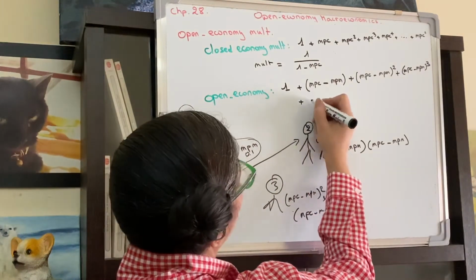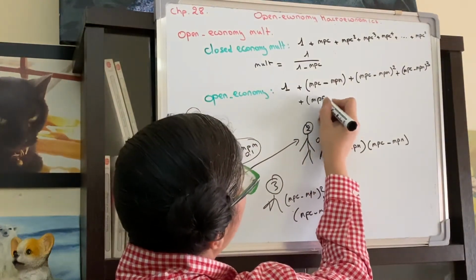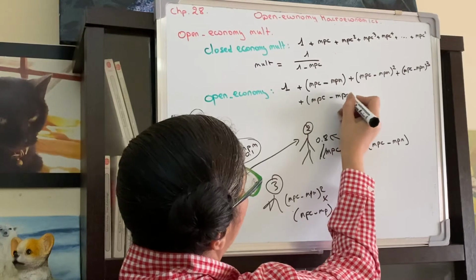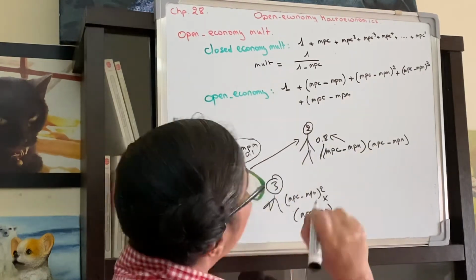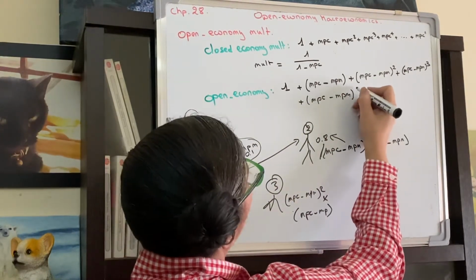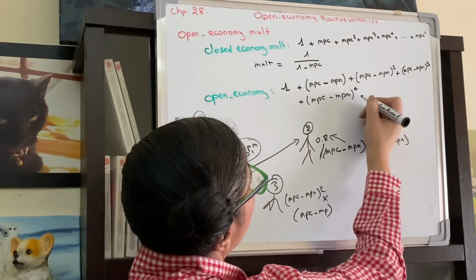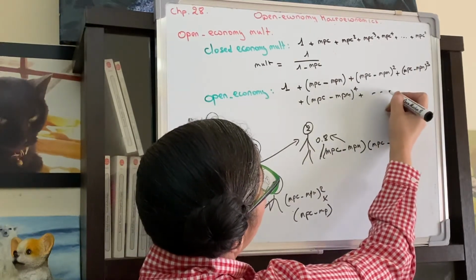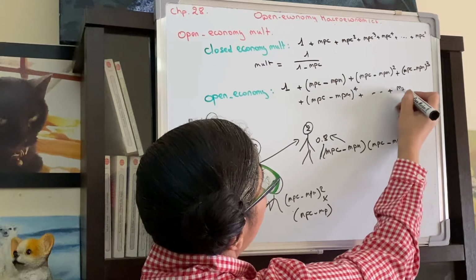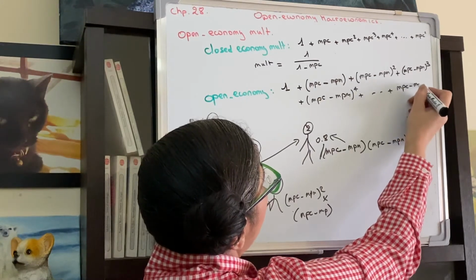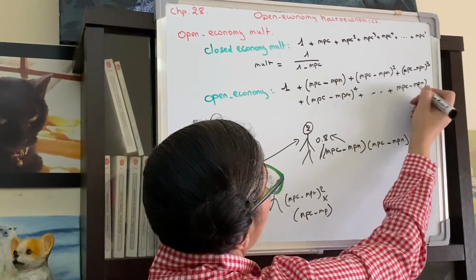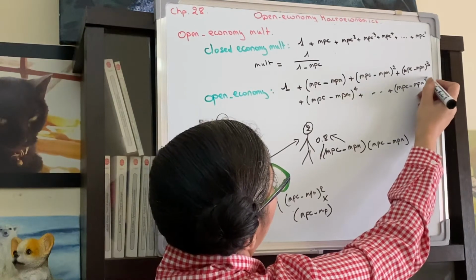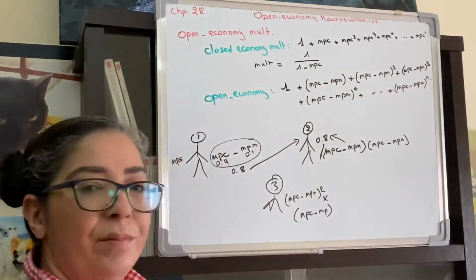So plus MPC minus MPM, power 4, I'm following the same thing, plus MPC minus MPM to the power n. Okay?